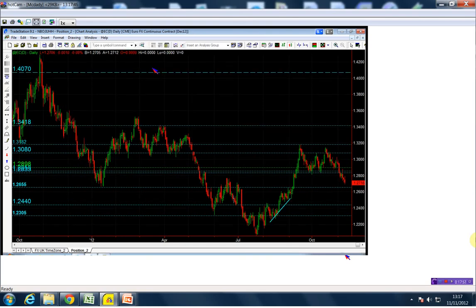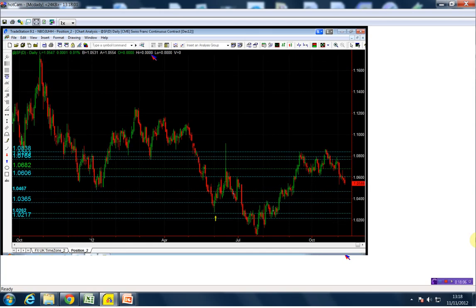That is the euro, and that is the Swiss. What is the difference between the chart of the euro and the chart of the Swiss? This is the Swiss, and this is the euro.